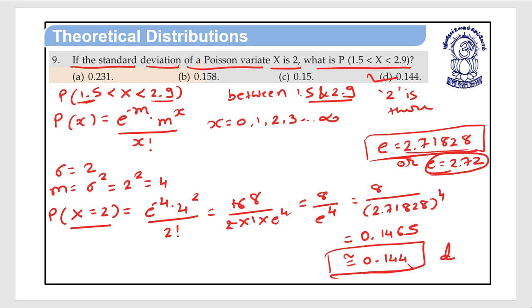Now move to the next question, question number 10.